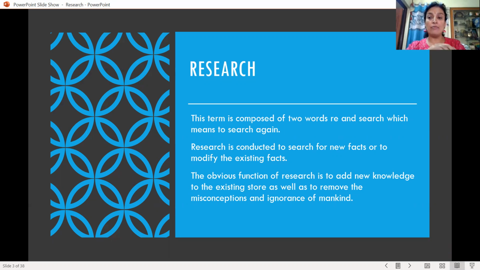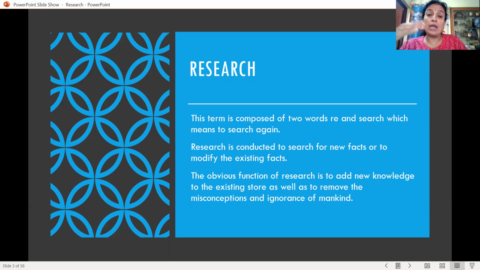Earlier, we used to believe that our earth itself is the central part of the universe. Then we came to know about the sun and his power, how he is the king of the solar system.